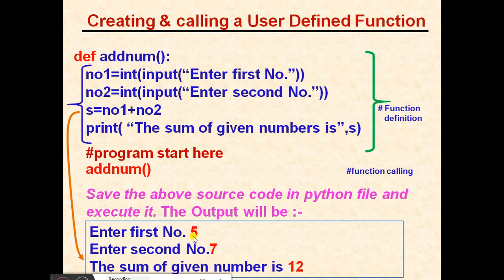Suppose we have entered 5. This 5 is assigned to num1. Similarly, for enter second number, 7 is entered by the user, and this 7 is assigned to num2. The 5 and 7 are added and assigned to S, that is 7 plus 5, which is 12. The sum of the given numbers is 12. This will be the message displayed by the interpreter on your screen.